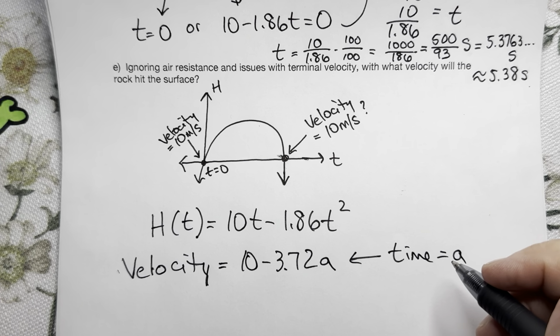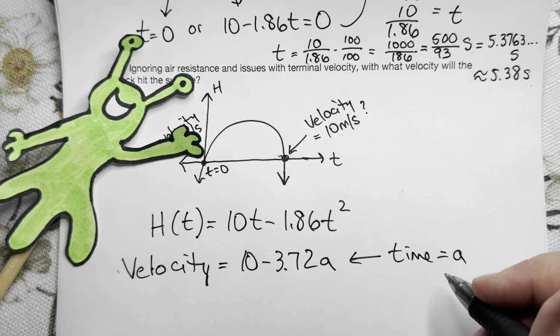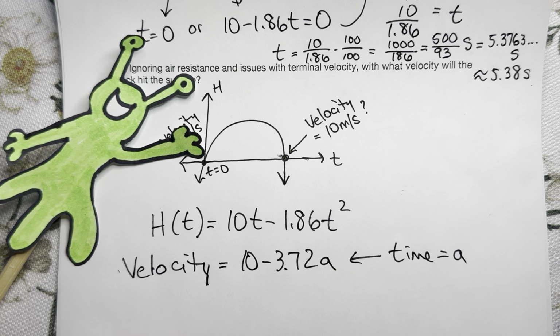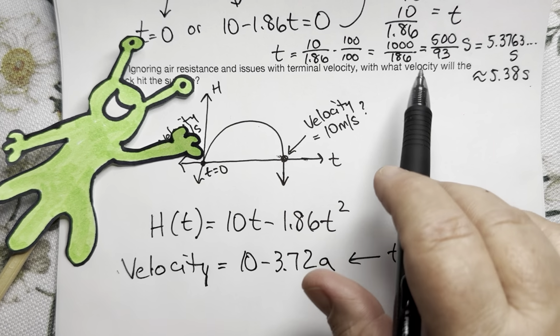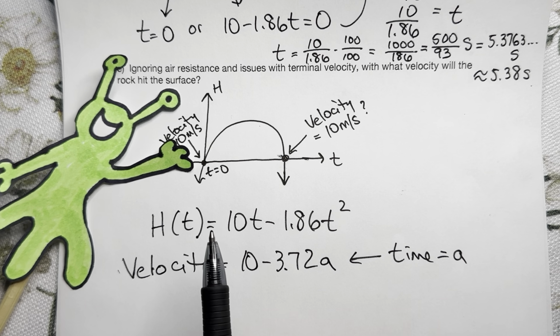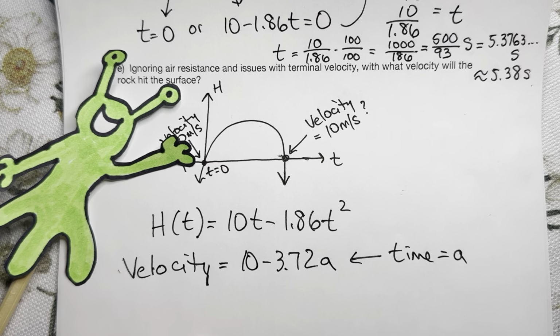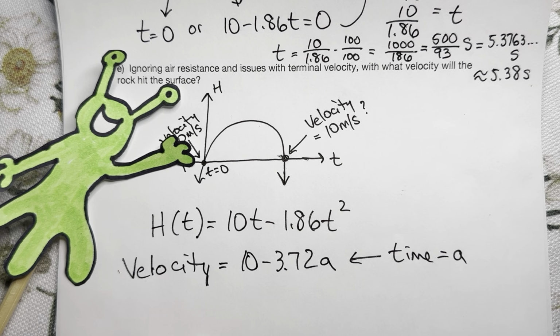Sorry, I didn't mean to push my friend off. There's our friend who's still here, who's still holding on, even though it's calculus, and calculus can be intimidating. And so, with what velocity will the rock hit the surface? I know I wrote it in correct grammar, but I'm questioning this. But for the benefit of our Martian friend, I want to try to get the English right.